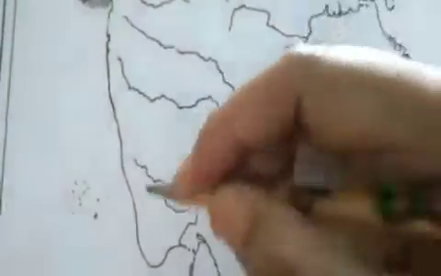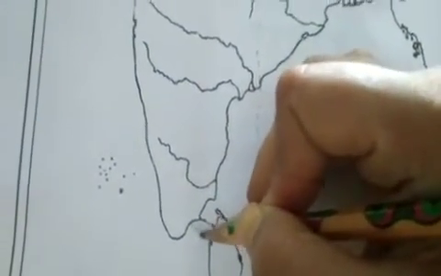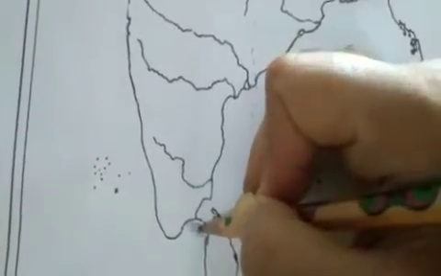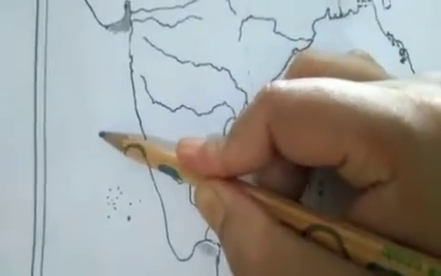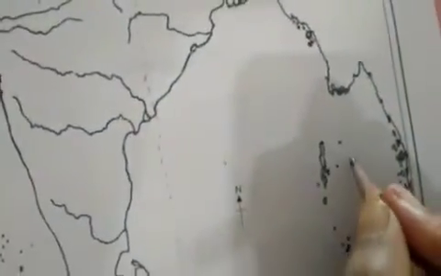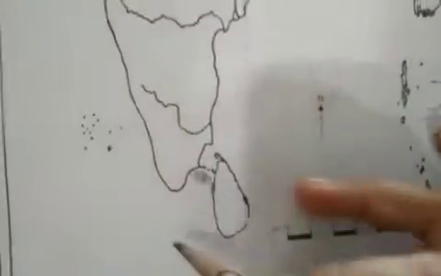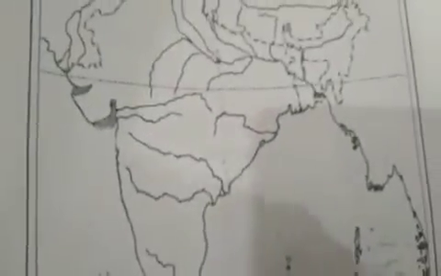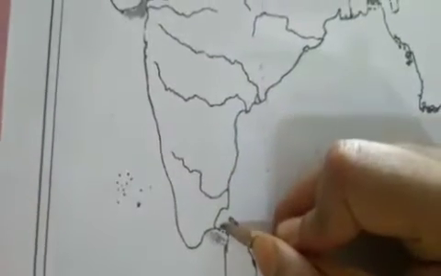Now here we have Gulf of Mannar, right? Here Arabian Sea, Bay of Bengal, and this is your Andaman Sea, Indian Ocean, right?